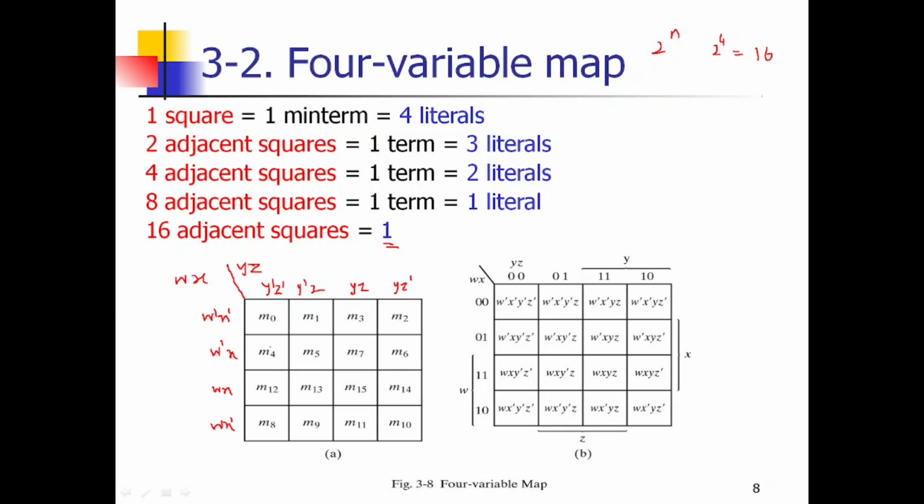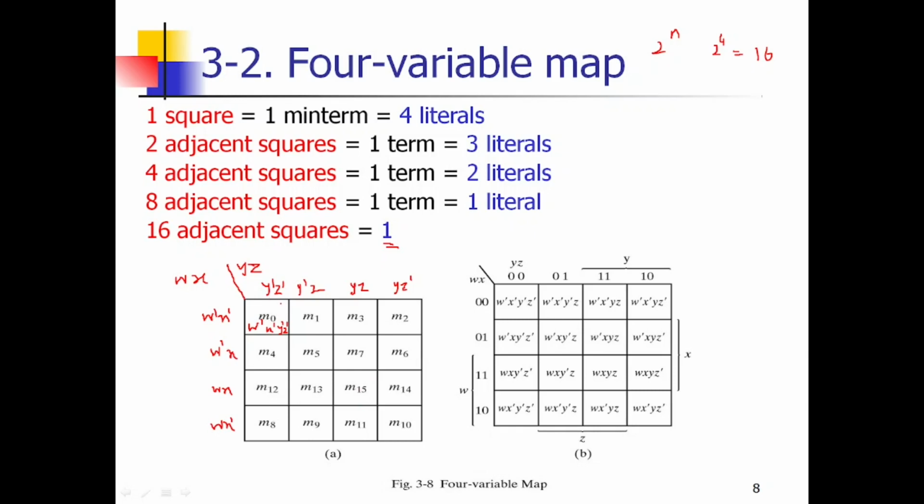And what is m0? M0 is combining the row variable and the column variable. What we are getting is w dash x dash, y dash z dash. M0 is w dash x dash y dash z dash. In the same way, we can obtain the term for the remaining minterms also.